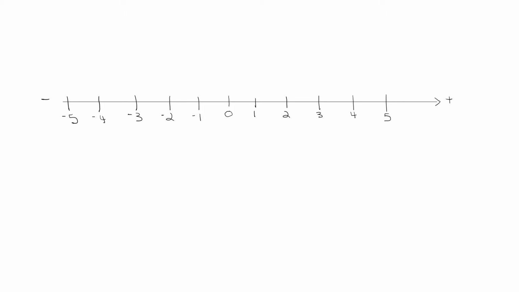So let's pick any two numbers. How about we pick -3 and -2? I'm going to write it down right here: -3 and -2. See, it's in order, according to the number line. As you can see, the number on the right, which is -2, is greater than the number on its left, which is -3.